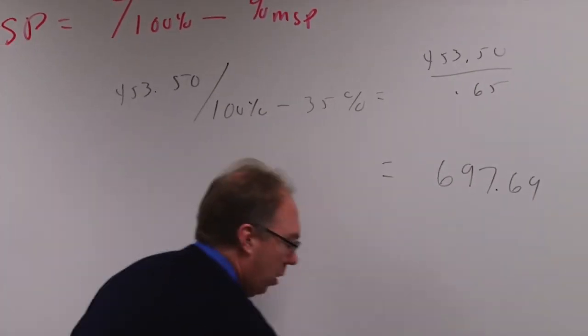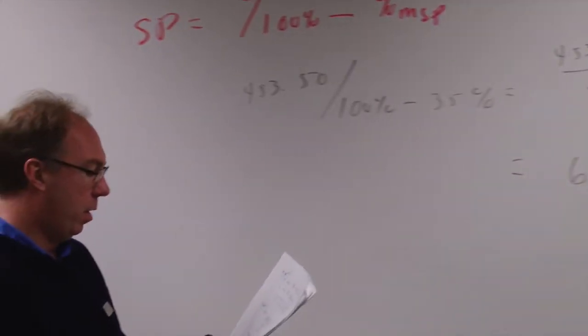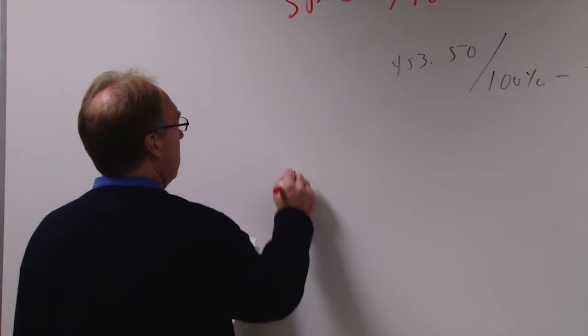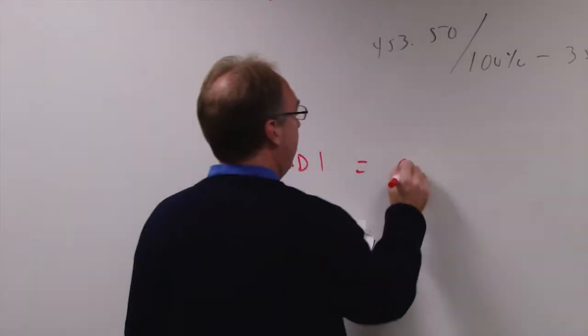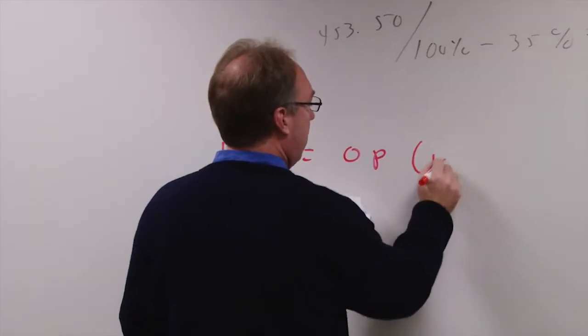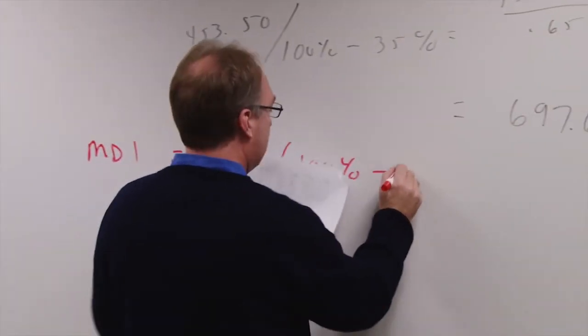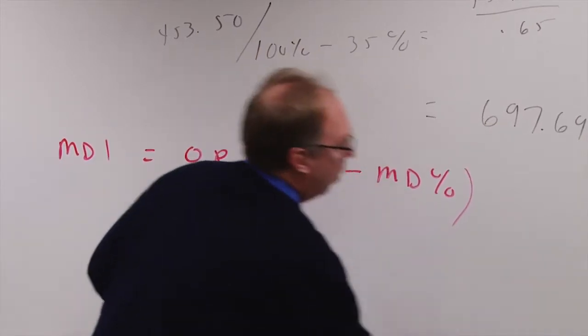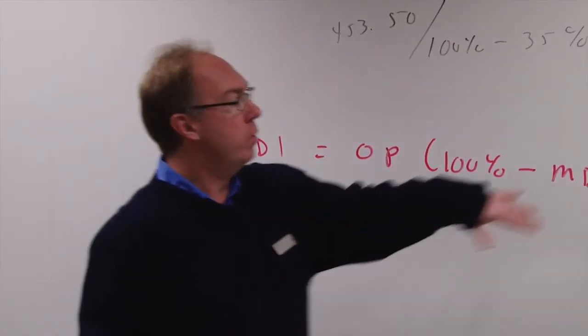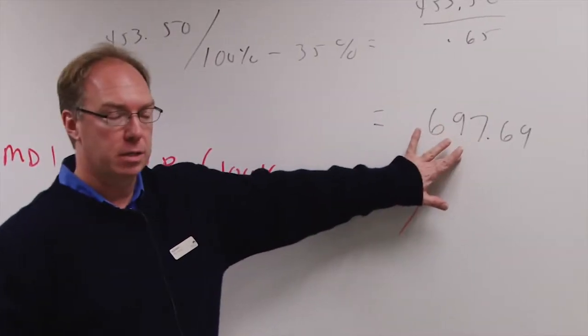Now, we had a markdown. So let's put markdown 1. And for the markdown, what we're going to do is take the original price times 100% minus the markdown percentage. So as we do this problem, we're always going to work with the last cost.